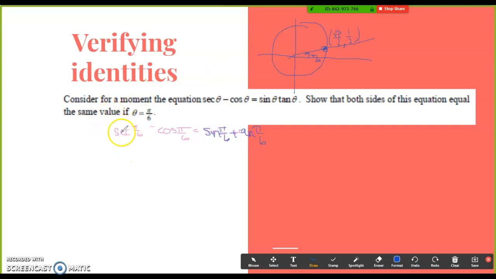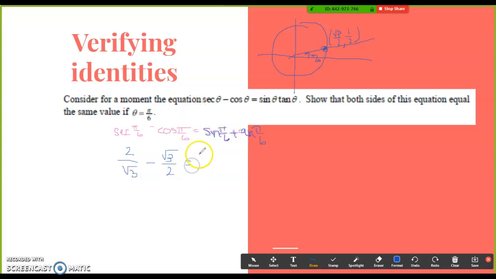So if I talk about the secant of pi over 6, I'm just going to flip its cosine value. The cosine is radical 3 over 2, so the secant of pi over 6 is 2 over radical 3. Minus the cosine of pi over 6, which we already said is the x value, radical 3 over 2.